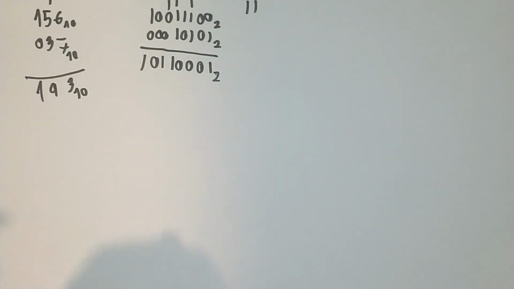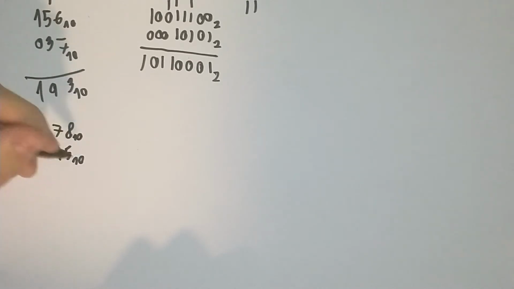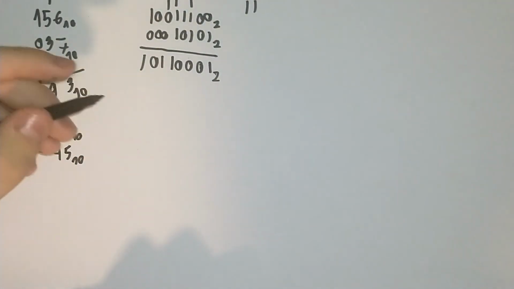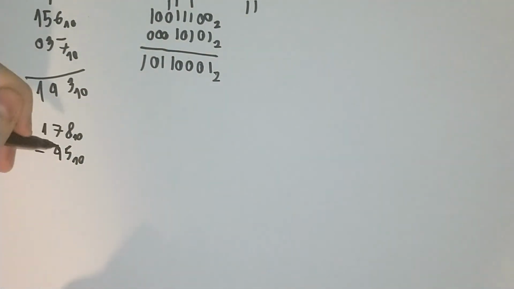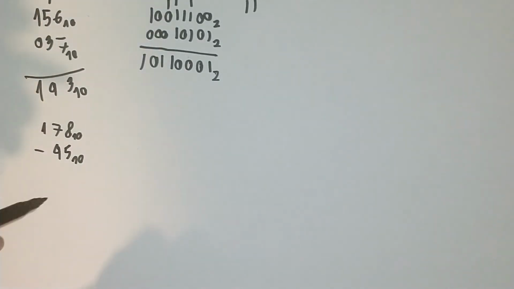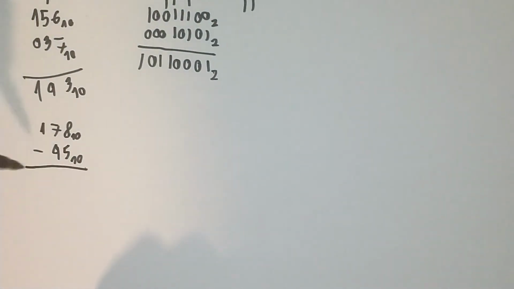Okay, so let's first subtract some numbers in base 10, and then we can go to base 2. When we do 178 in base 10 minus 95, we subtract like we do with addition, digit by digit.